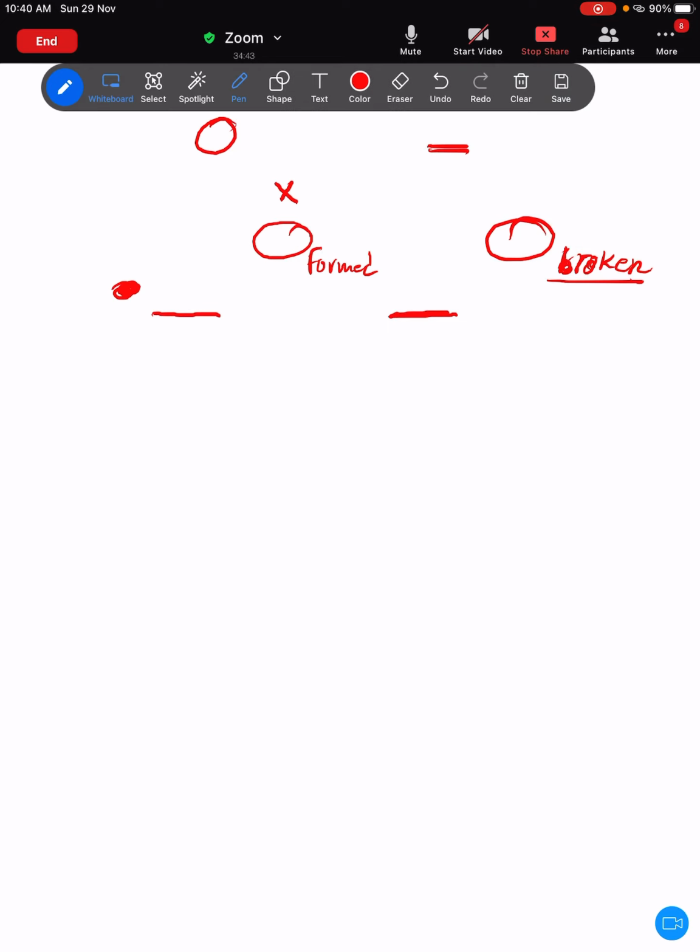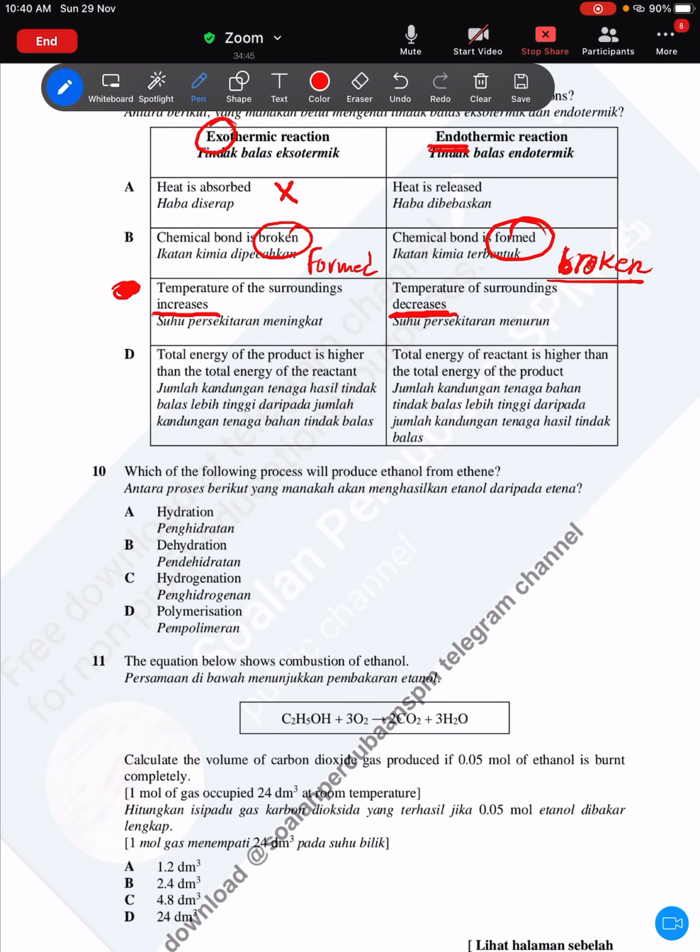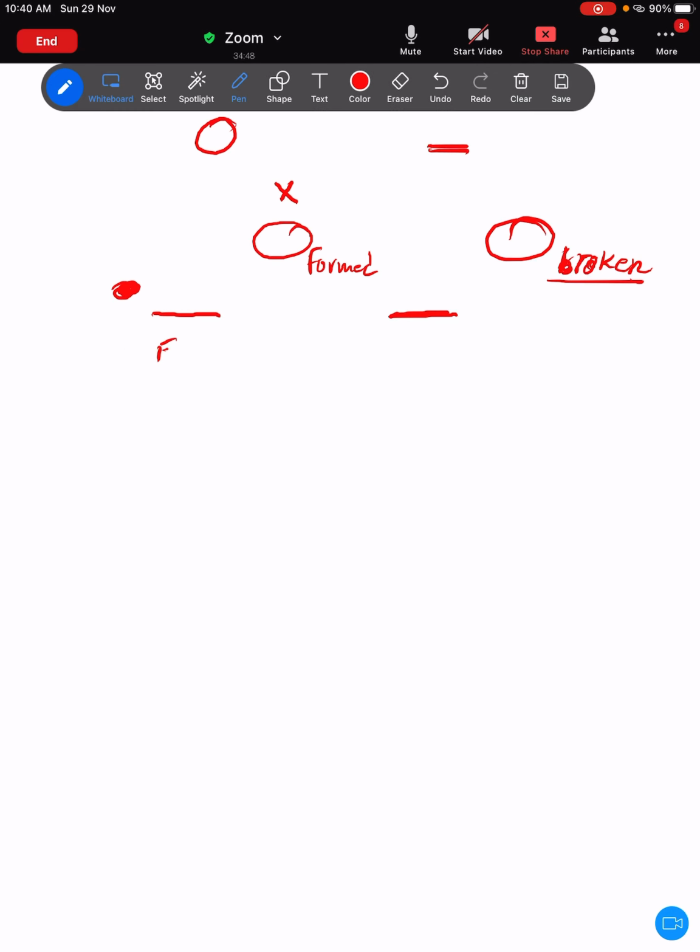Let's look at that. I have one thing to tell about exothermic. Okay, let's say exothermic, and we also have endothermic. Guys, amount of energy. If you still recall, for exothermic, the graph is going downward. And endothermic, the graph is going upward.